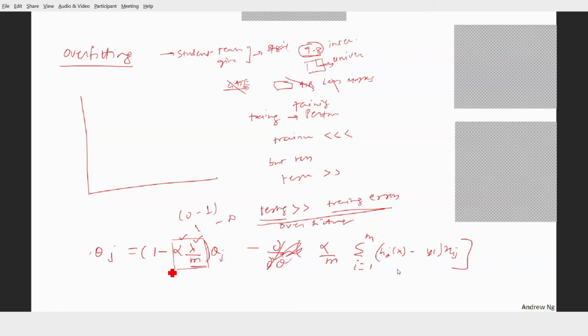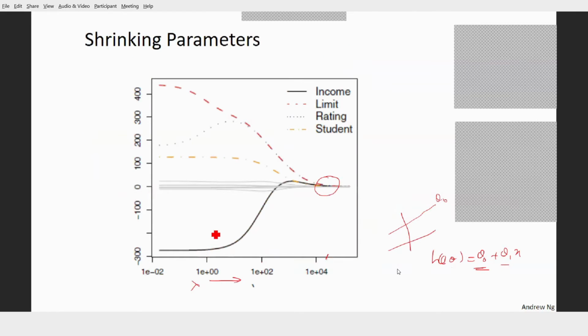When it reaches 1, this will multiply our theta j with 0, and theta j becomes 0. Basically, all our parameters would shrink towards 0.